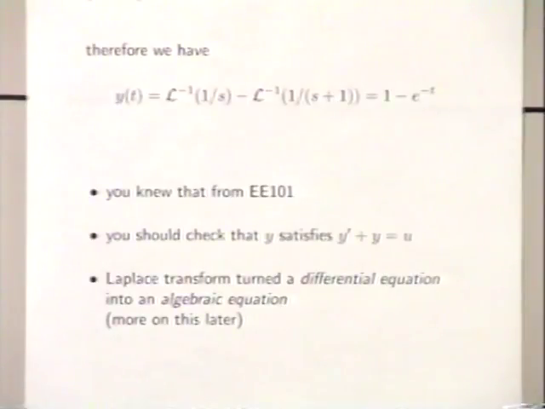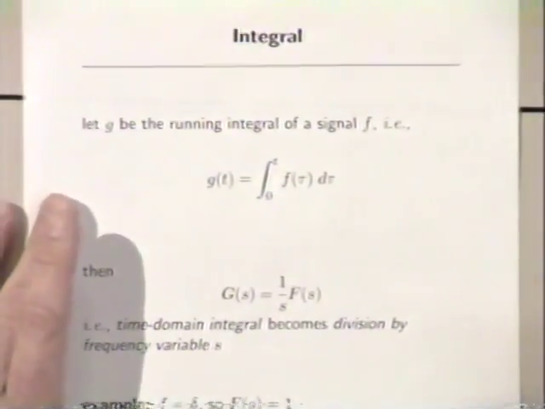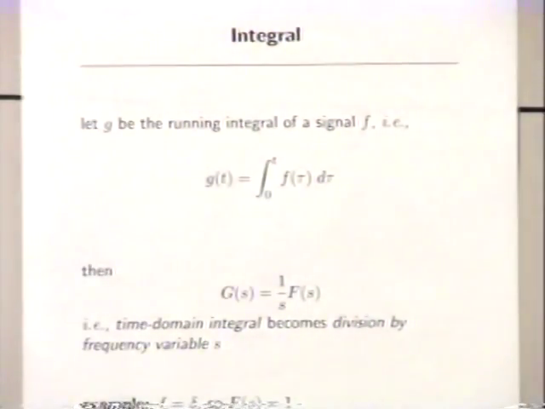You just differentiate what you claim to be the solution as many times as needed, plug it into the differential equation, and either you'll get a tautology or you will not. Either the left-hand side will equal the right or it won't. And if it does, great. And if it doesn't, go back to step 1 and recheck everything. So that's the idea. This is really the whole point. Don't worry if you don't get it, because you will after we do this for 3 weeks.